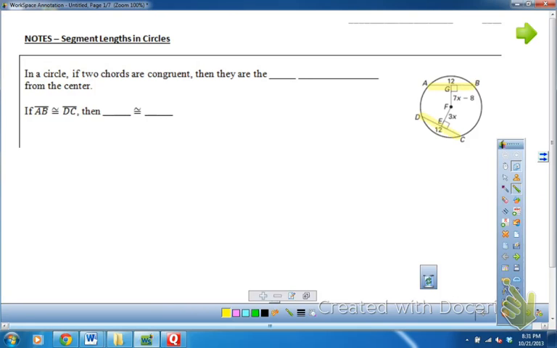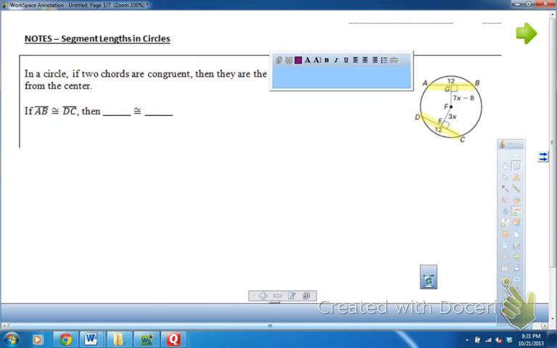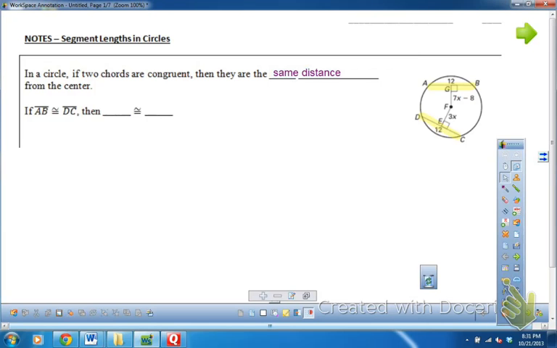If they are congruent, then they are the same distance from the center. In other words, we're referring to this distance here from the center F to G, and then from the center F to E to that chord.